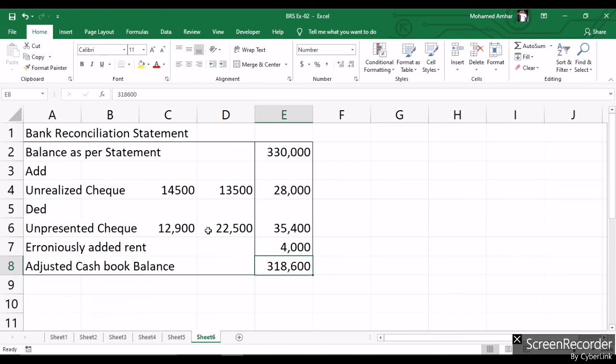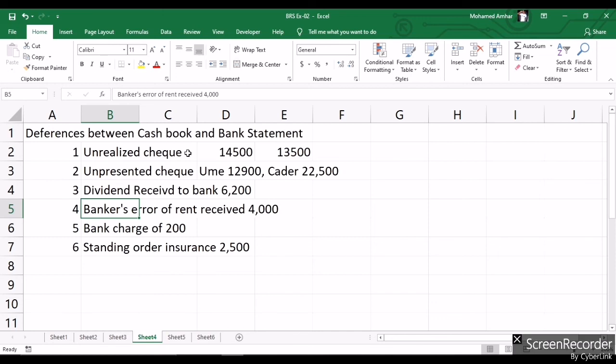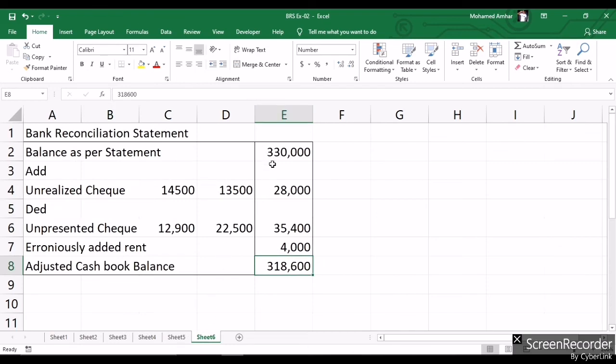Right. Next, unrealized check. Here there are two unrealized checks, 14,500 and 13,500. This unrealized check means the check deposited by the organization. So here the amount is more.